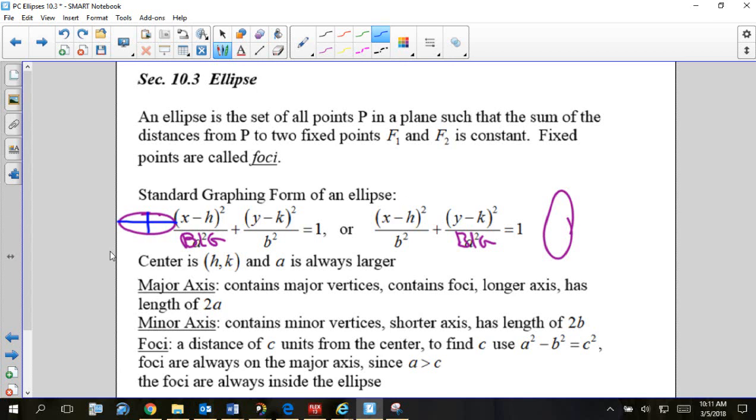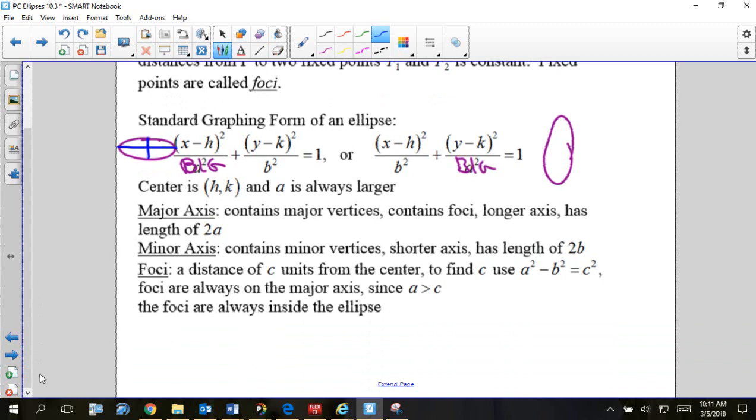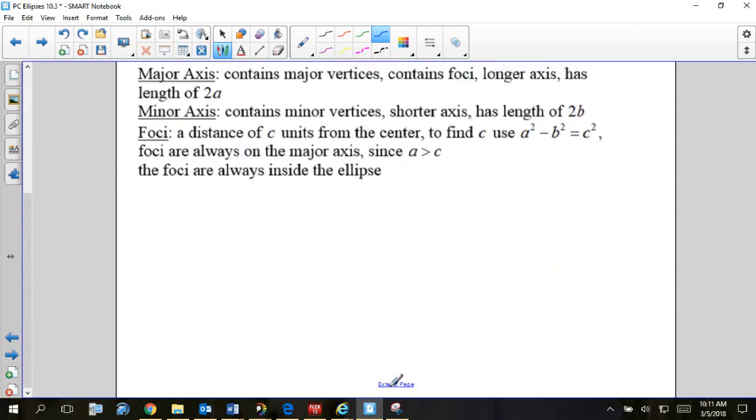The only thing you really need to pay attention to on this first section of notes is how to find the foci. To find the foci, you take the A squared and the B squared values, which are underneath the H and K, underneath the X and Y. Take those 2 values and you subtract them. When we subtract them, it needs to be a positive answer, so you always do the big one minus the small one.